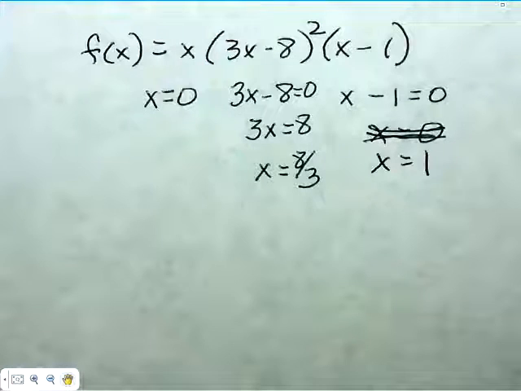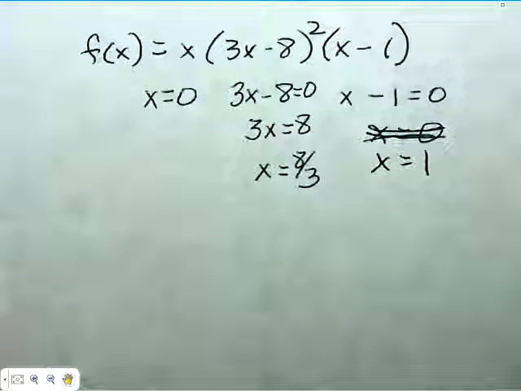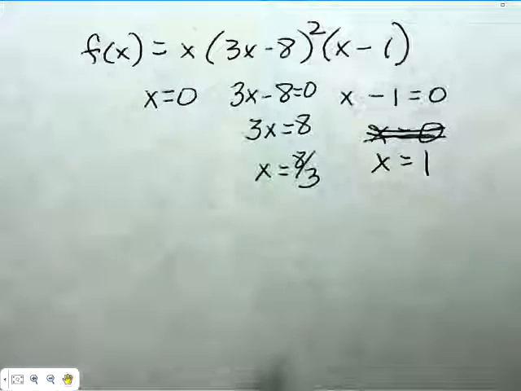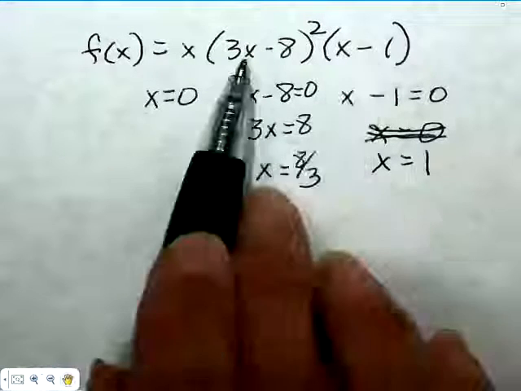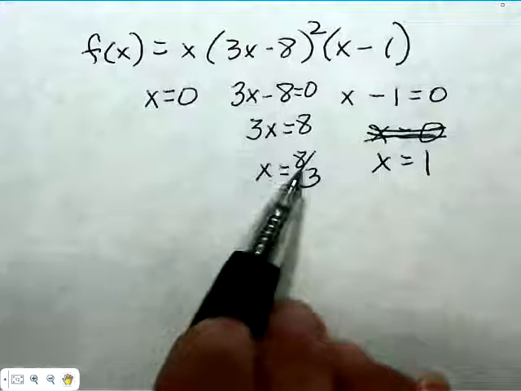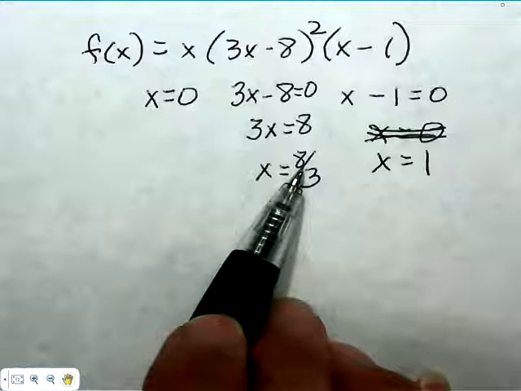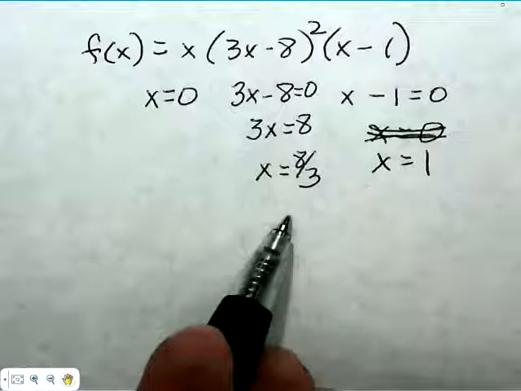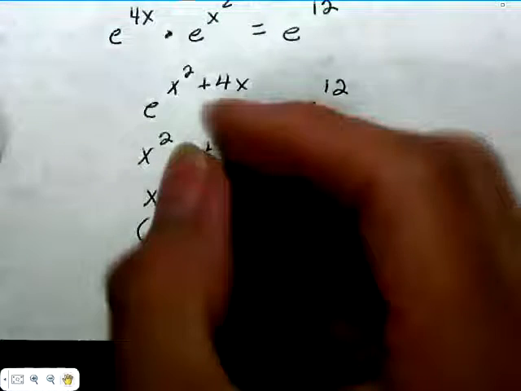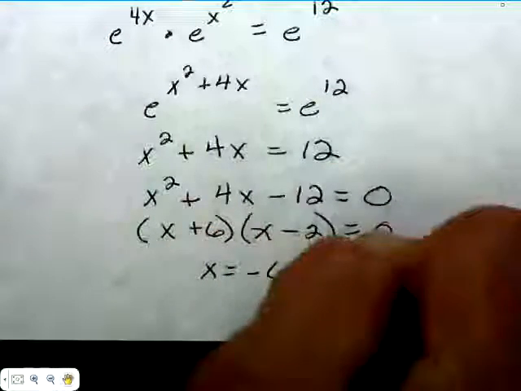I wish I'd known before the test what you were thinking and how you found your x-intercepts. But you find x-intercepts by setting each factor equal to 0. And when you set that equal to 0, a lot of people just had 8. It wouldn't be 8, it'd be 8/3. So here, when you set each factor equal to 0, you get -6 and +2, and that's your 2 solutions.